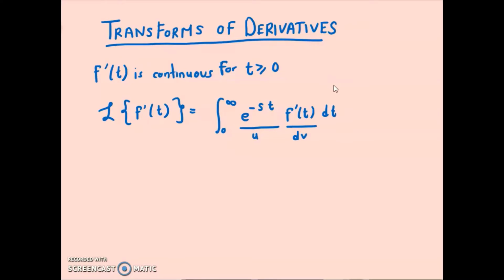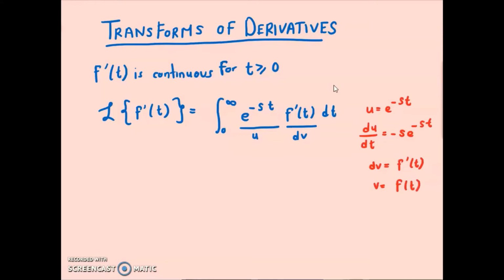Let's work out u and v first. If u equals e to the negative st, then du/dt is given by negative s e to the negative st. If dv equals f prime of t, taking the integral of f prime gives you f of t.